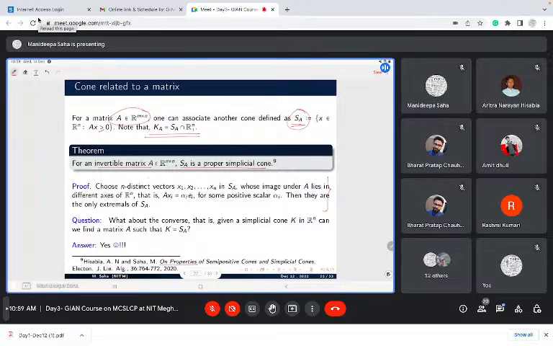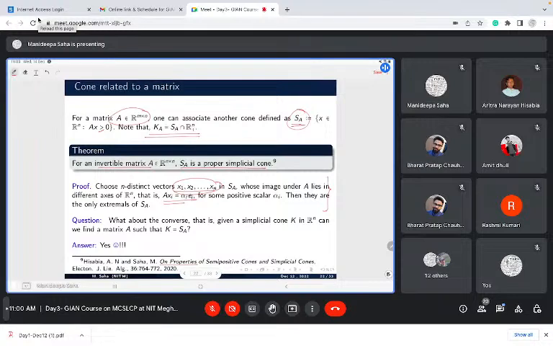Sorry, no, that cannot be, so here it is something different. The extremals will be all the x1, x2, ..., xn which satisfy this, where A applied to these xn goes to these x's. So those will be the extremals.